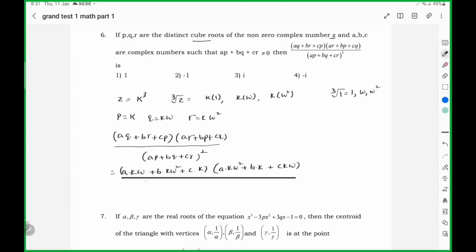A here, p is k, q is k omega, c, r is k omega square. If you take k omega common, a plus b omega square plus, k omega common, a omega plus.